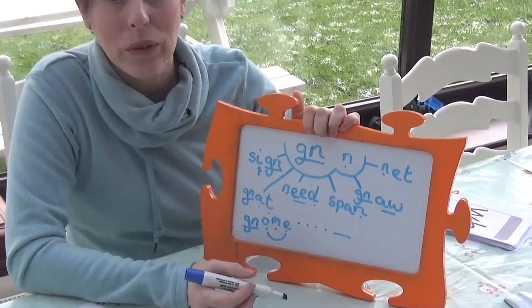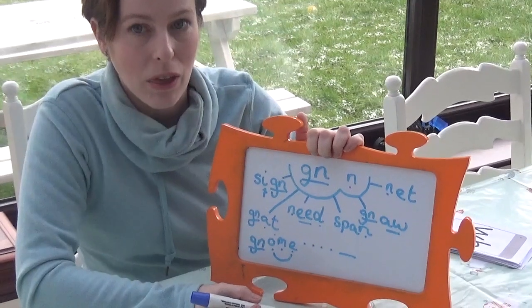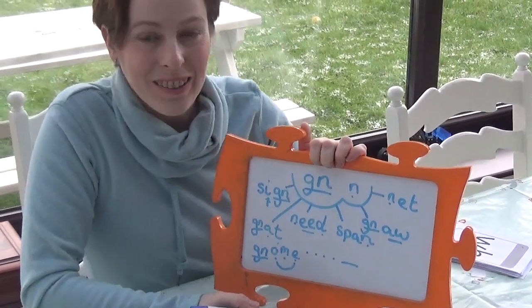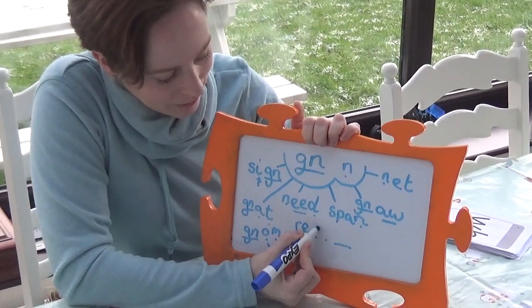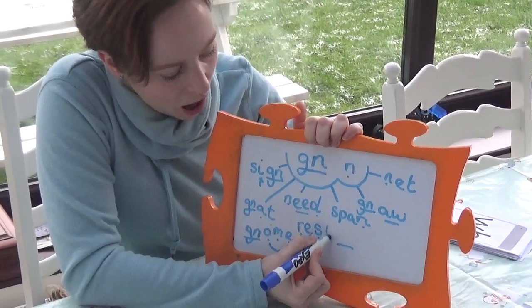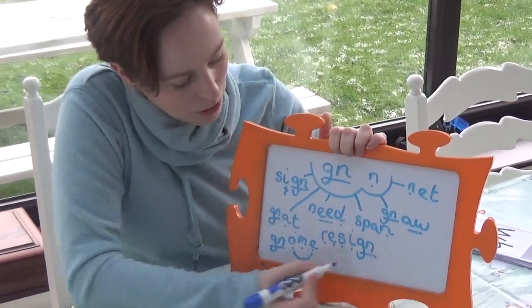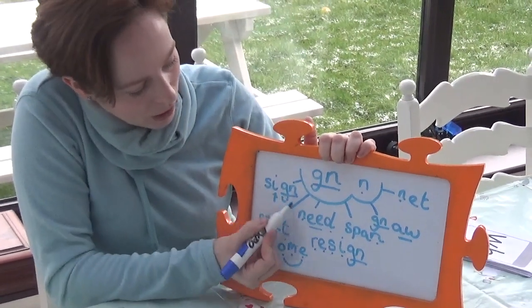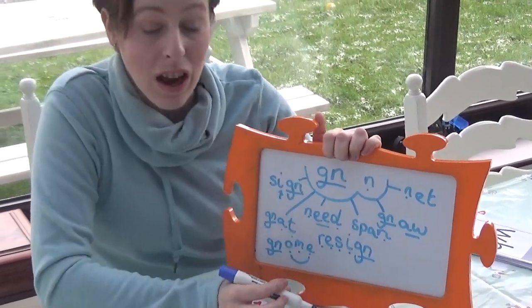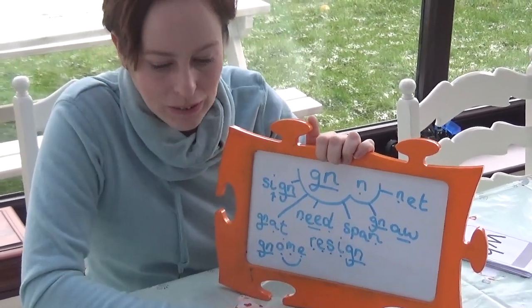Pause if you need to, and I will tell you the answer again. In 3, 2, 1. Resign. The i. Did anybody notice that it's up here? The sign is up here and it's the same. Resign. Okay, right, well done everybody, some tricky stuff today.